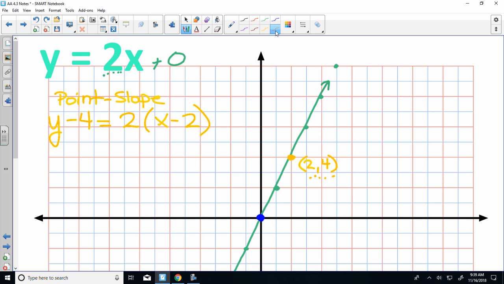And if we were to choose this coordinate right here, that coordinate is 4, comma 8. And if you were to write the equation of that line in point slope form, you would have y minus 8 equals 2 times x minus 4.